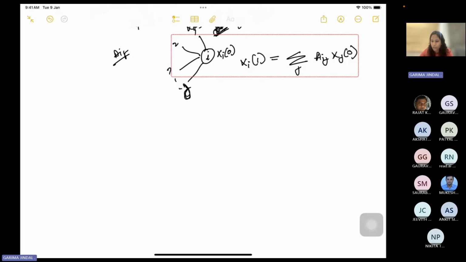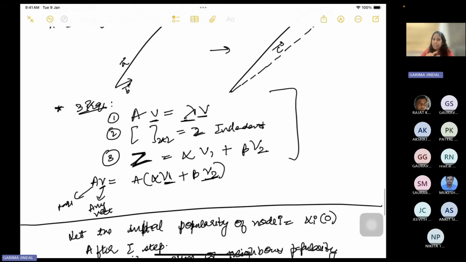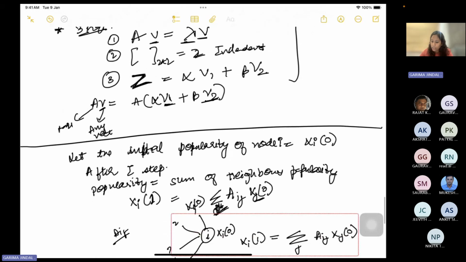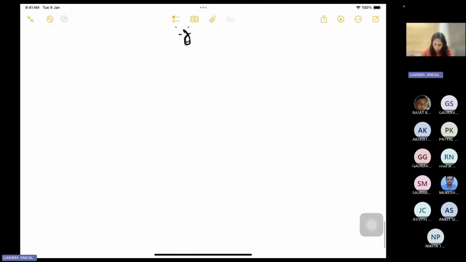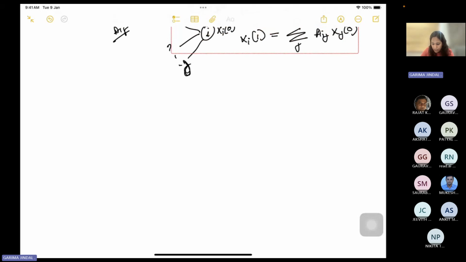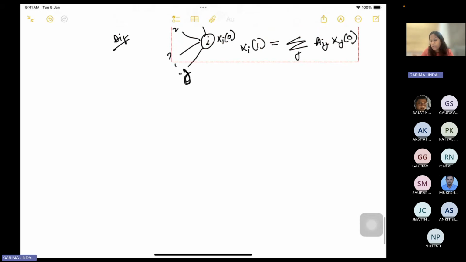So now you know that we apply these steps recursively, and there will come a point when the values will converge. We have seen in the Excel sheet that if we keep on iteratively repeating this step, there will come a point when the values converge. So let us suppose these values converge after time t. If they converge after time t, what will be the cost of node xi at time t?